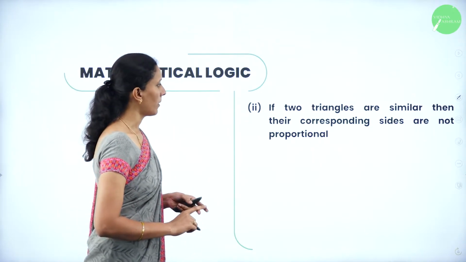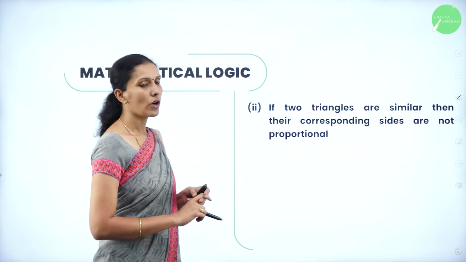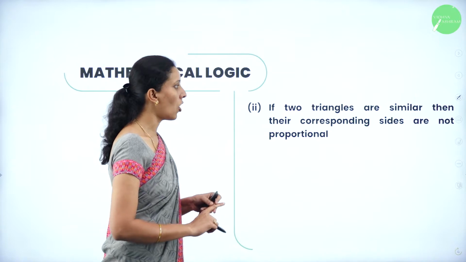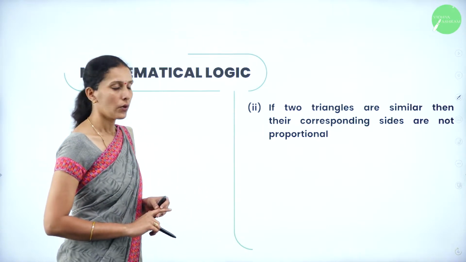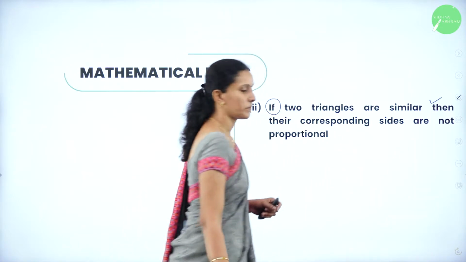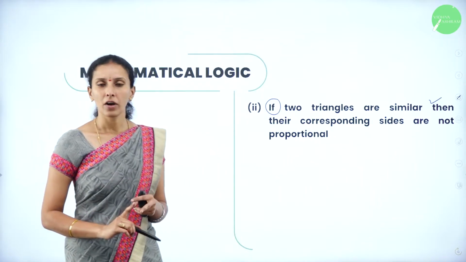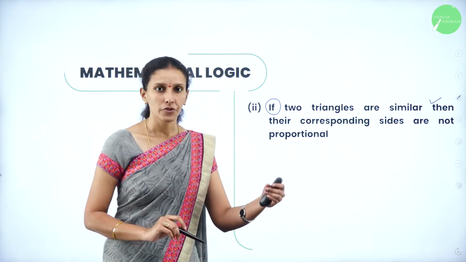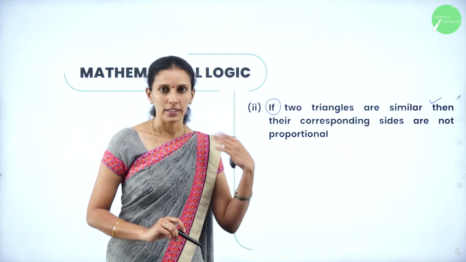The second one, if two triangles are similar, then their corresponding sides are proportional. So here you can see we are using the words if then. Where we come across if then type of reasoning, if P is true, then Q is, like that.